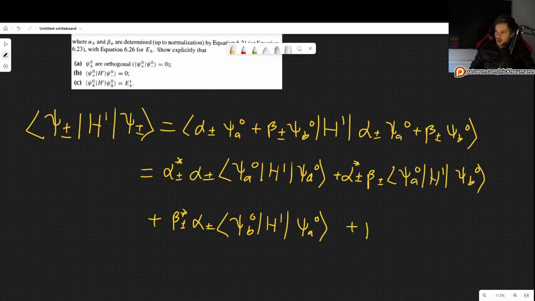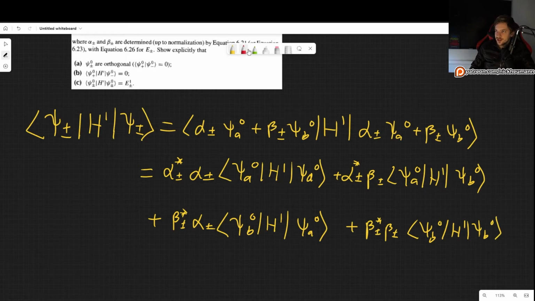And finally we have beta plus or minus conjugate, beta plus or minus, and then psi B0, H prime, psi B0.